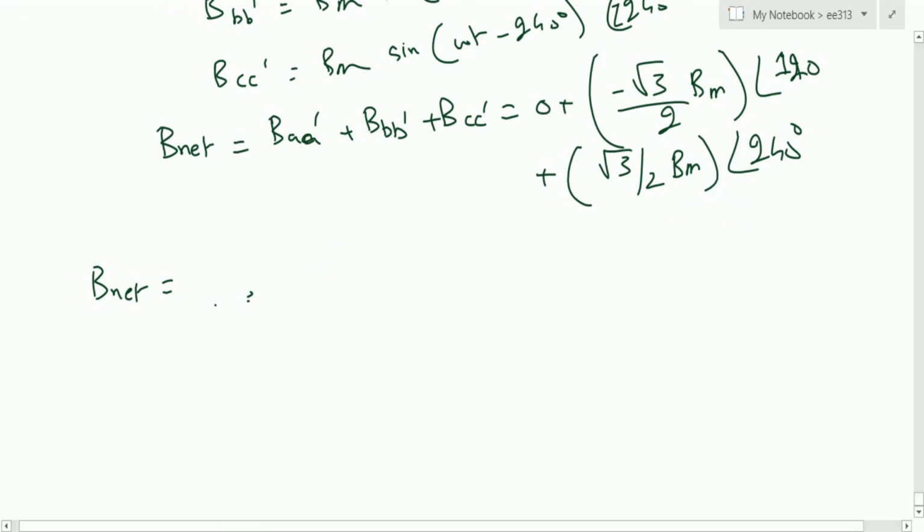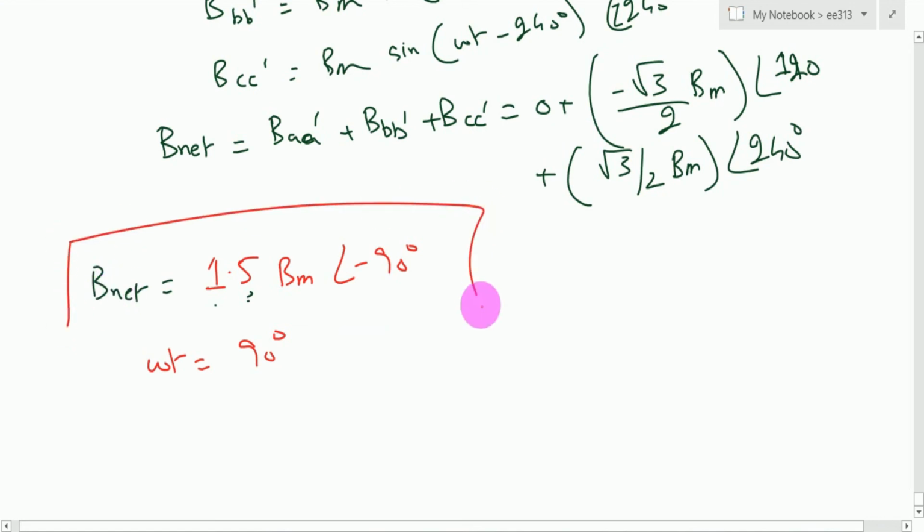So if we solve this particular equation, it is quite easy to show that B net is equal to 1.5 B maximum at an angle of minus 90 degree, and this remains the same for omega t equal to 90 degree, and for all the values of omega t, the value of B net remains essentially the same at 1.5 Bm at minus 90 degree.